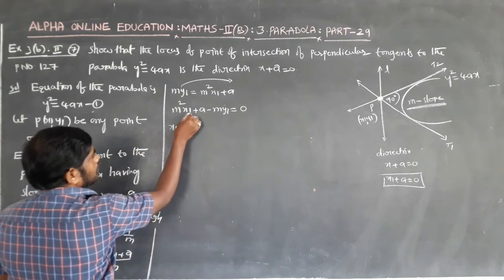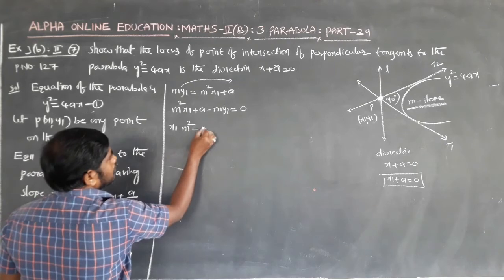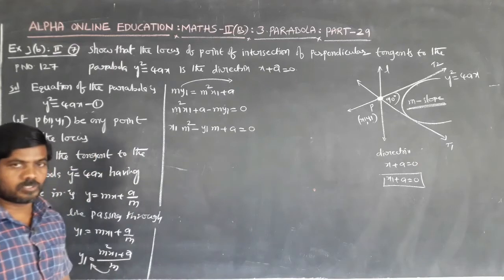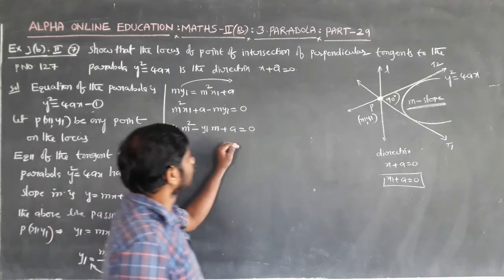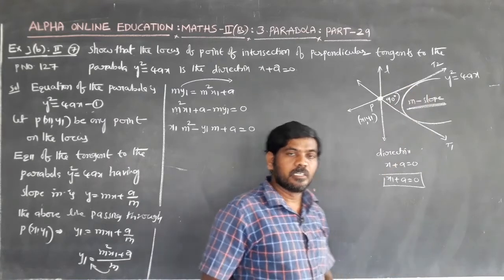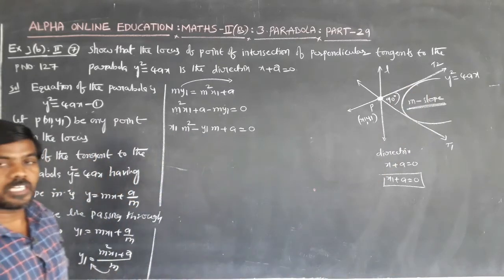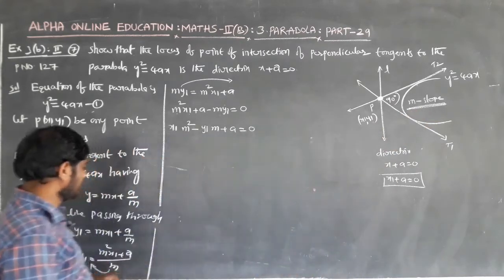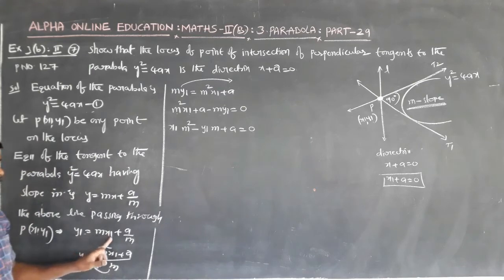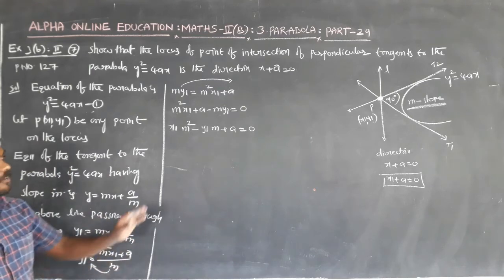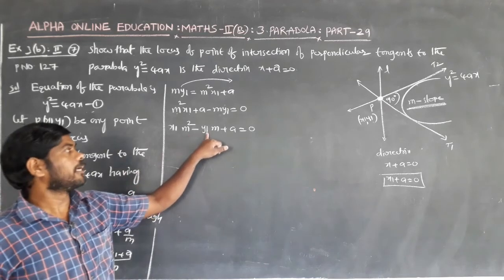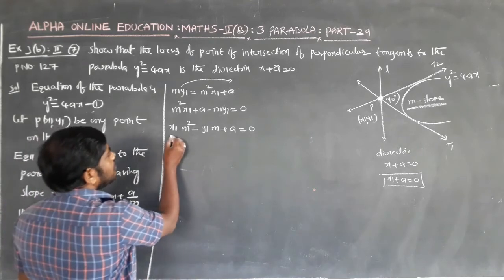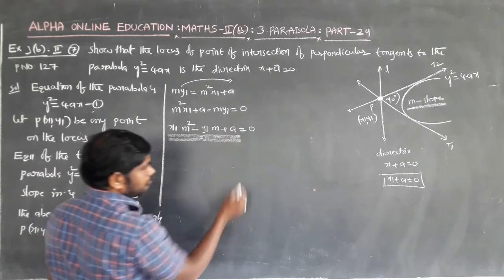Writing in order, x1 into m square minus y1 into m plus a is equal to 0. This is a quadratic equation in m.